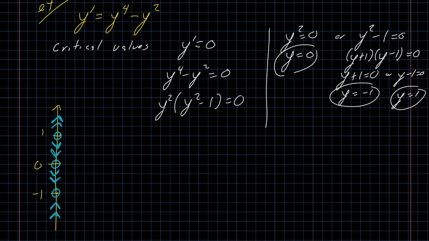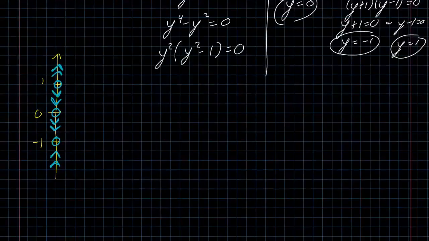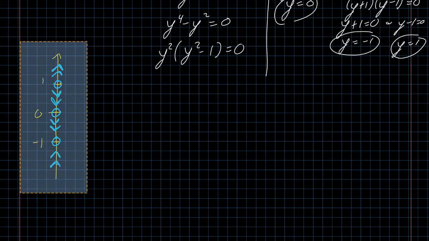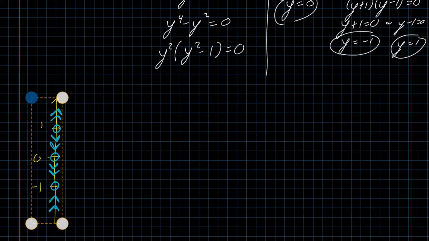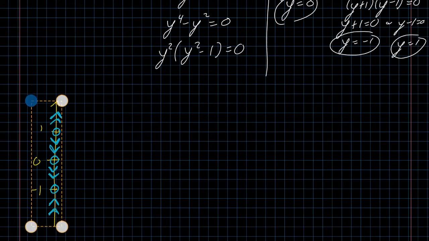All right. So now I have decorated my phase line just a little bit. I'm going to move my phase line down so that I have some space to work next to it now that I don't need the original equation anymore.